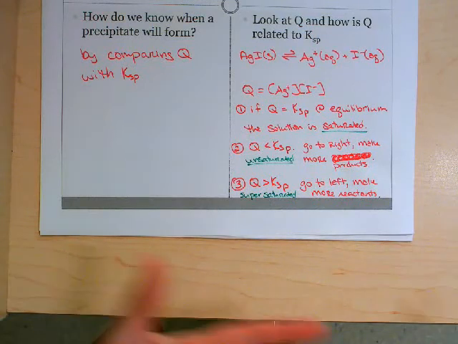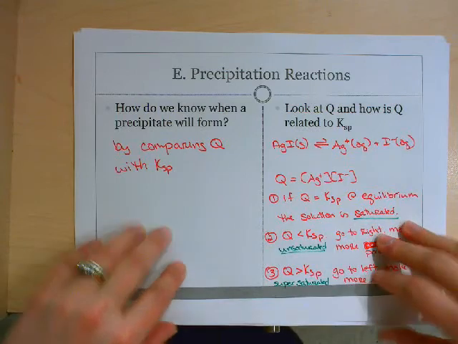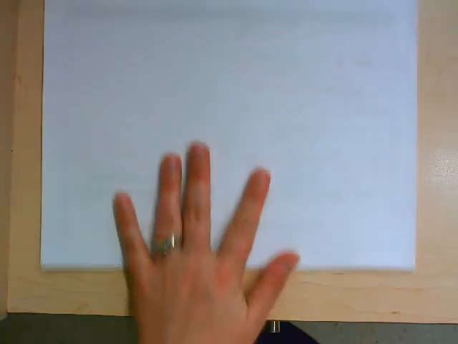Alright, let's do one last example problem, and then we'll be done for today. Which one should I choose? Ah, okay, this one's good. Alright, I'm ready. This is the last thing in chapter 16.